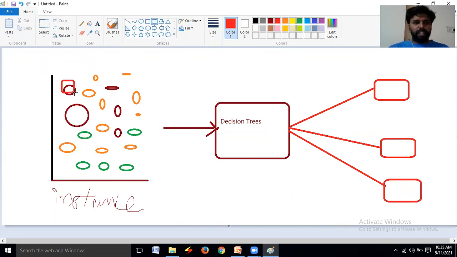Observe this. Segments may be arranged like this. See, this instance is arranged into this segment like this. The segments are arranged like this.